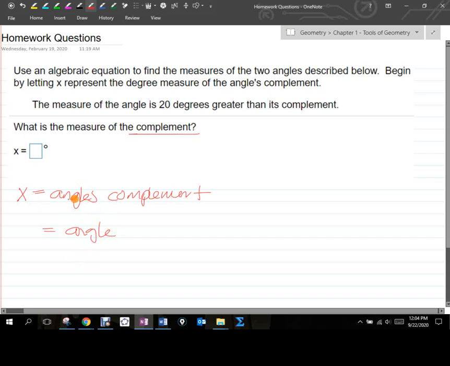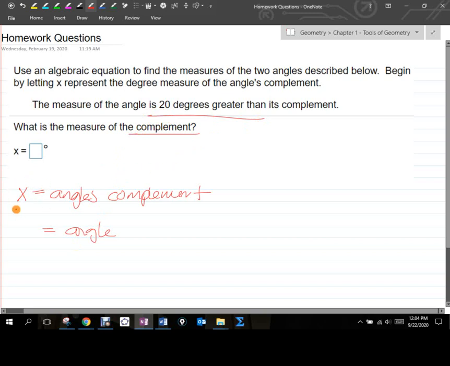Okay. If they're telling me the angle, because we've got two angles to make complements. If x is the angle's complement, then the other variable that we're going to find must be the other object, which in this case is the other angle. But it says the measure of the angle is 20 degrees greater than its complement.